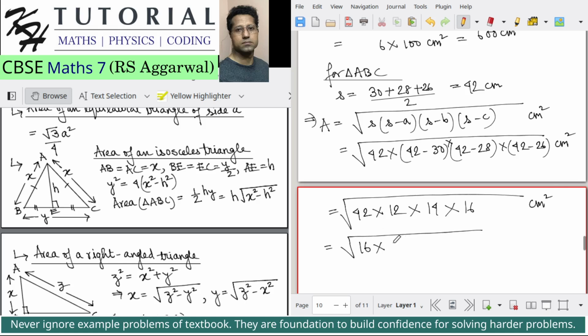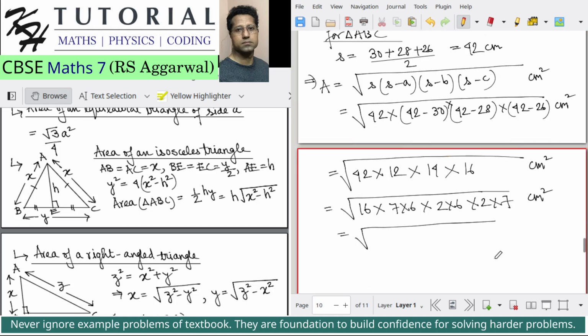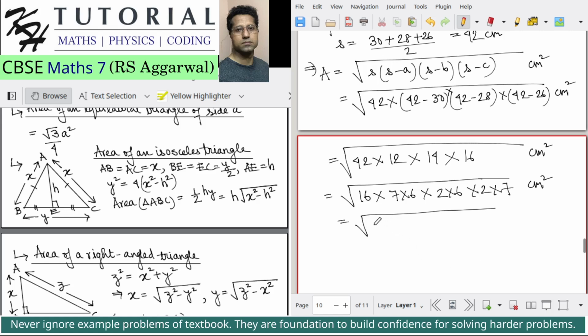So this is equal to, we have 16, we have 42 is 7 into 6, 12 is 2 into 6 and 14 is 2 into 7. Okay, so this is equal to, we have 16 means 4 square, we have 2 7, so 7 square, we have 2 6, 6 square, and we have 2 2.